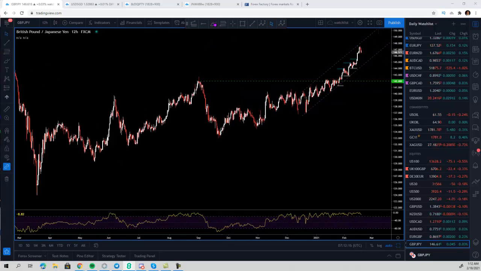The first key level was already broken, which was these highs, and a lot of traders got caught short in this position, even with the flat triangle going here, which we traded on the pound versus the US dollar.